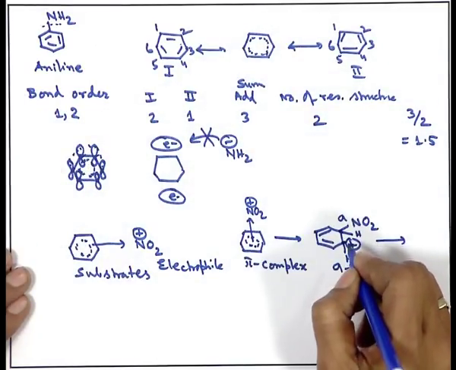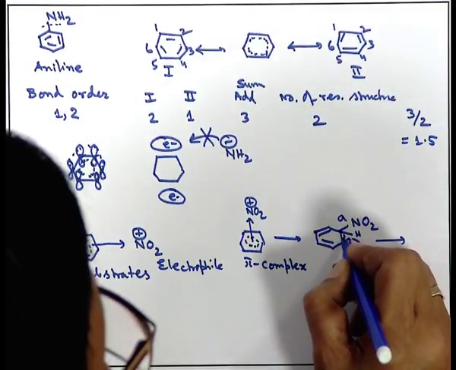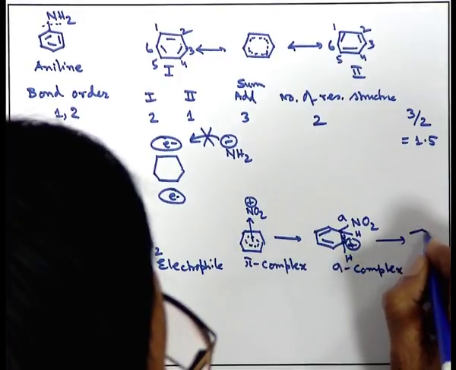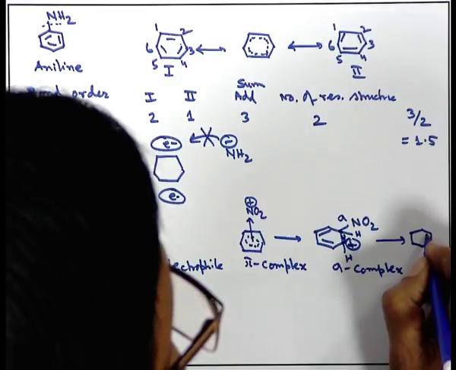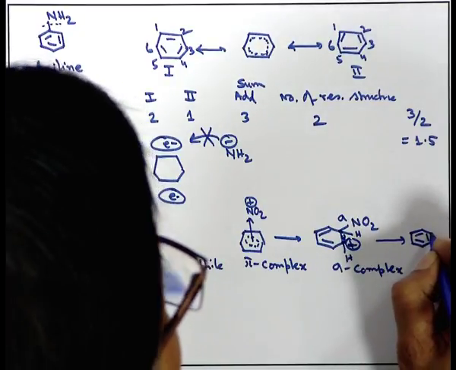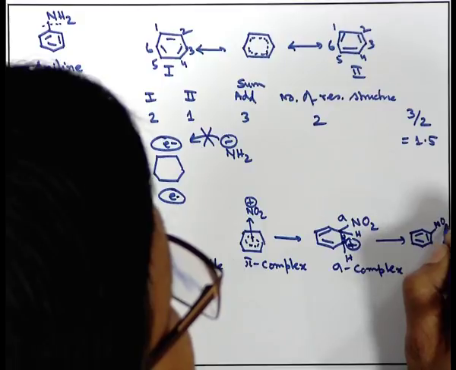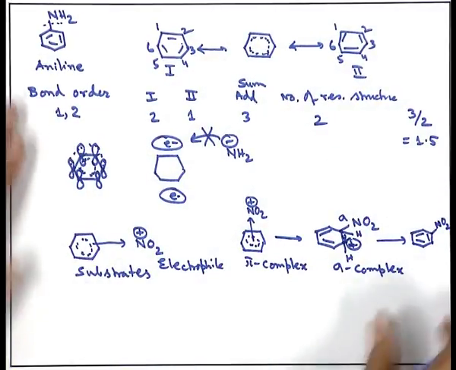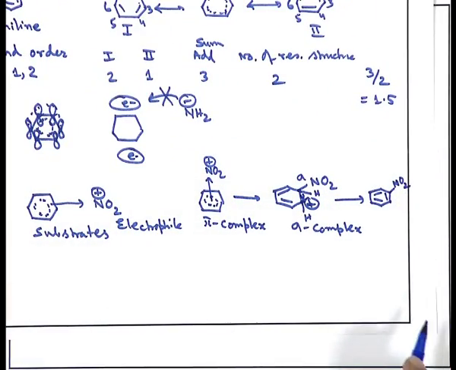The hydrogen atom is being donated to regain the aromaticity. So, the benzene ring is now regaining its aromaticity and the nitro group is directly attached. So, what we see from this figure is that if I treat benzene with NO2 plus, I will get a pi complex where the benzene ring is the donor, NO2 plus is the acceptor.